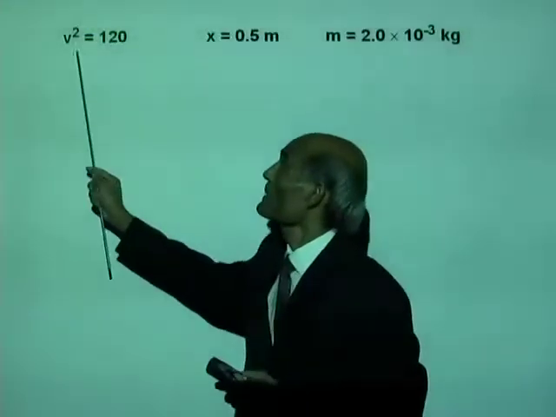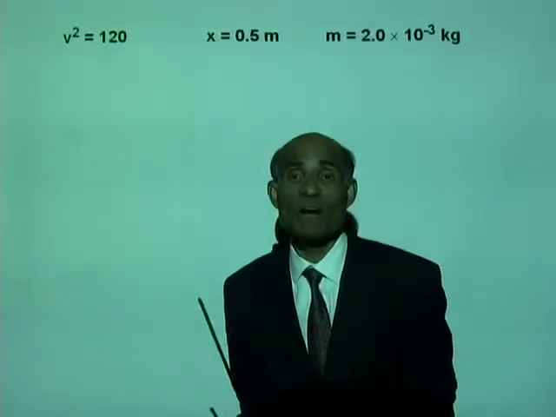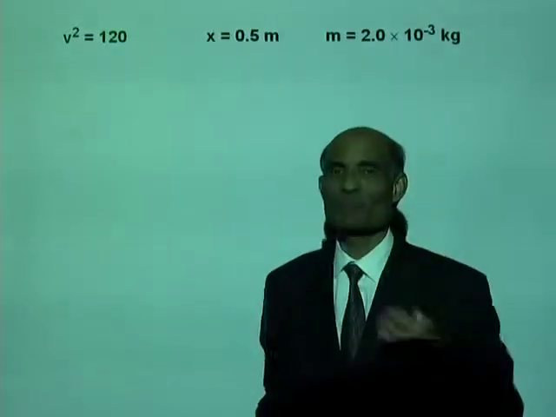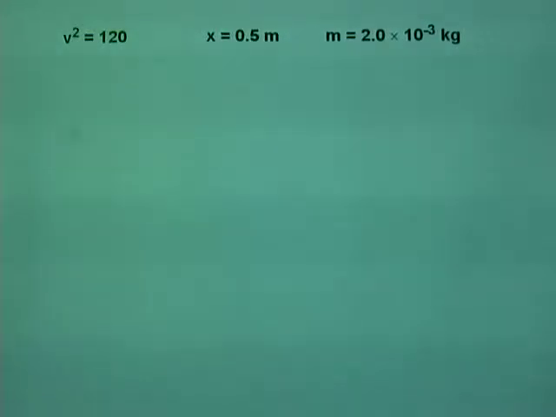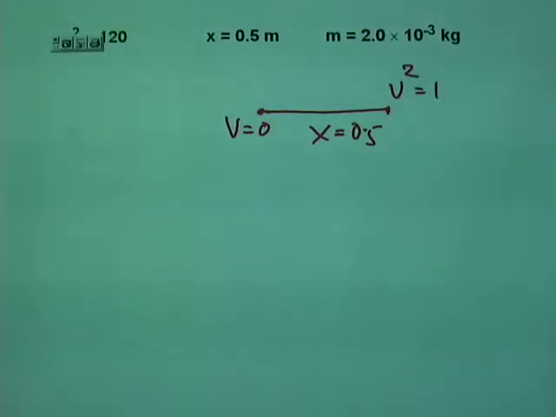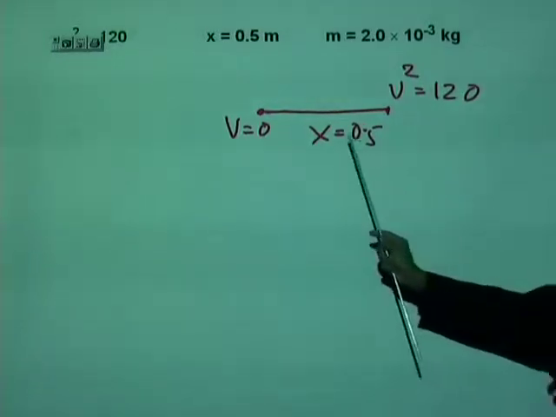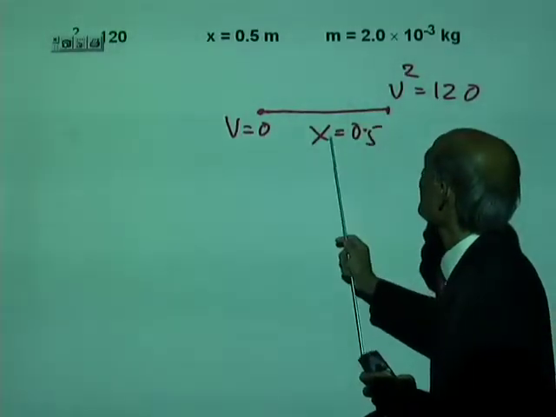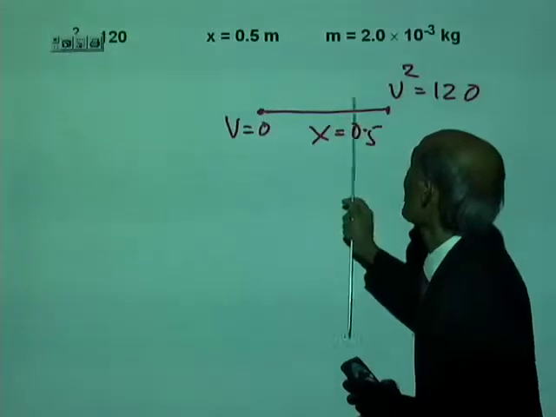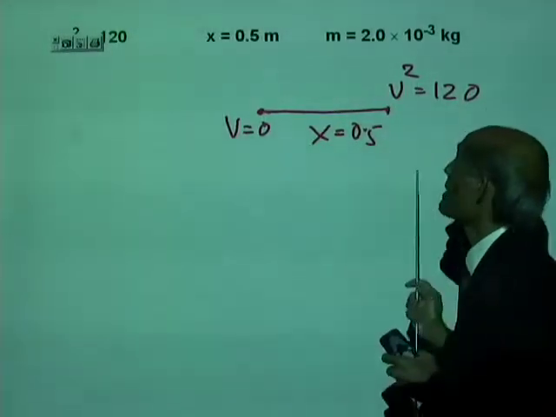Now tell me, if you know the value of v squared, can you find the acceleration of the object? Well, when the object is here outside the field, its velocity is 0. Now, after it traveled a distance x equal to 0.5 meter, the v squared here is 120. We know the distance it traveled, and you know the initial velocity, you know the square of the final velocity.